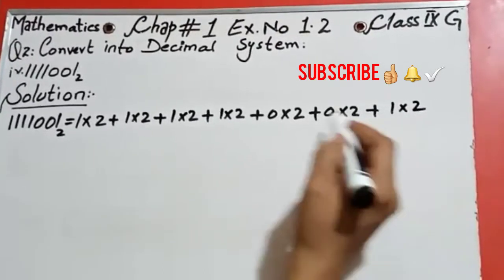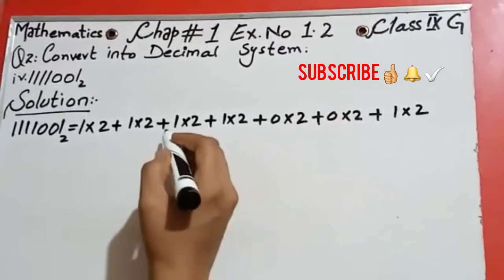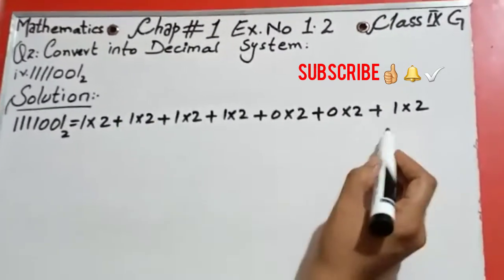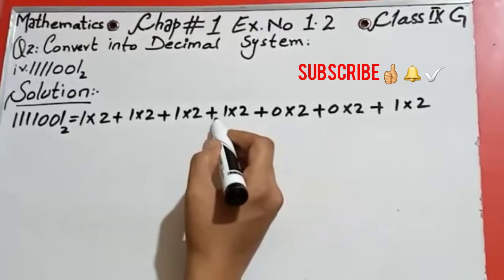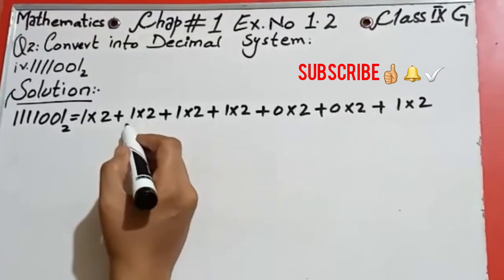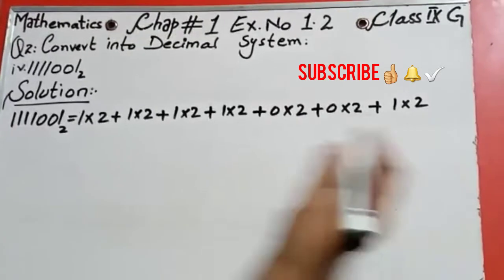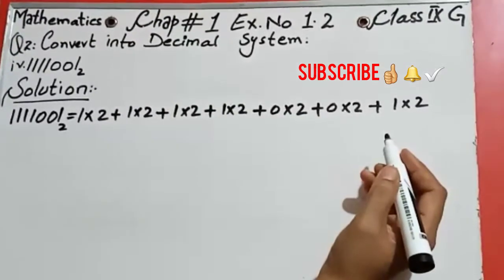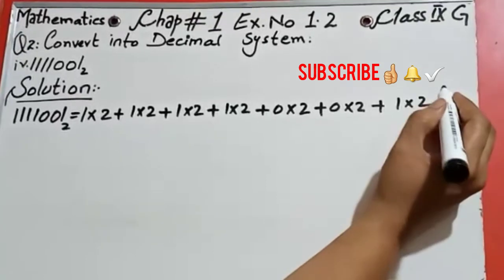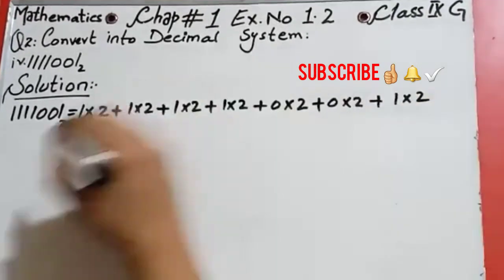Correct? Unit, 10, 100, 1000, 10,000, 100,000, million. Right to left side, first step. Now we put the powers right to left side.